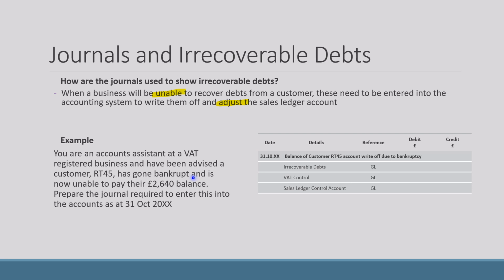So that means when we raised our sales invoice to this customer, we would have charged VAT and therefore we would have paid it over to HMRC. So we're going to have to then claim that VAT back. We're going to have an irrecoverable debts account, which is going to be our expense account, a VAT control account and then our sales ledger control account. So let's look at how we're going to enter this.